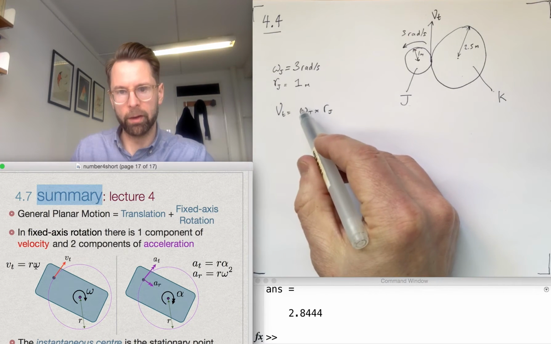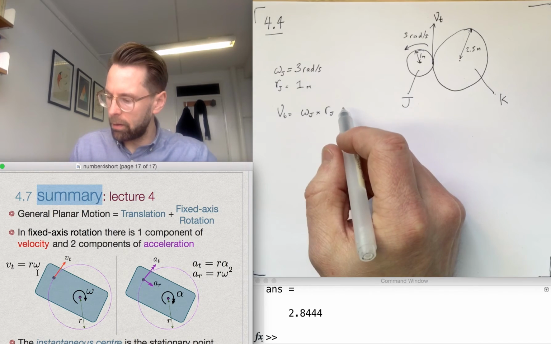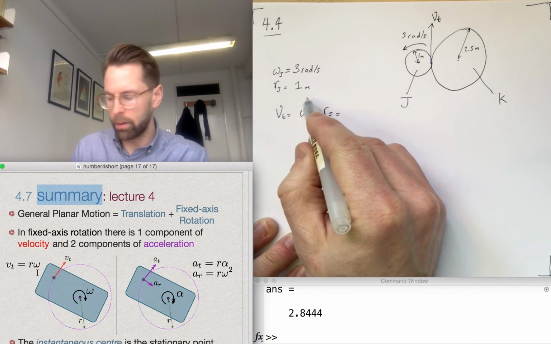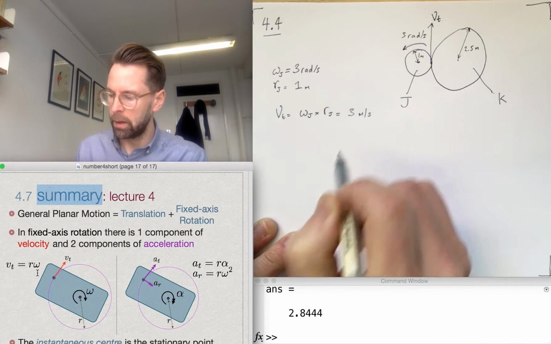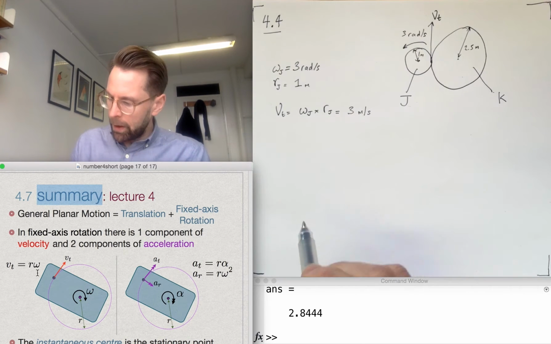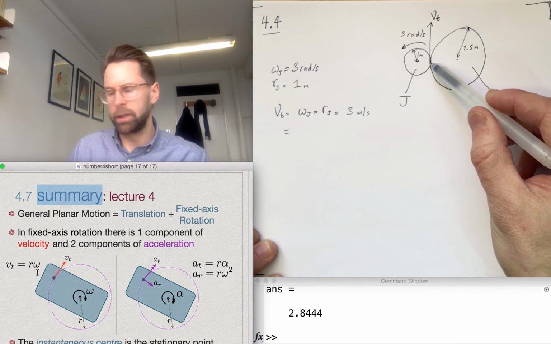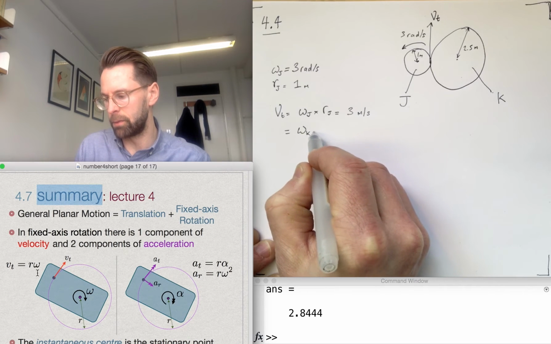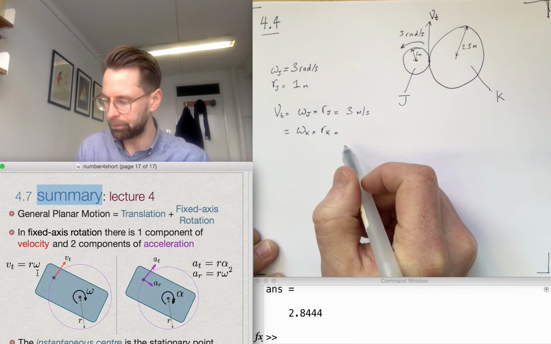I normally put R first. And we know that that has got to equal 3 times 1, so that's 3 meters per second. But that has also got to equal the tangential velocity of disc K. So that means the angular velocity of disc K times the radius of disc K has also got to equal 3 meters per second.